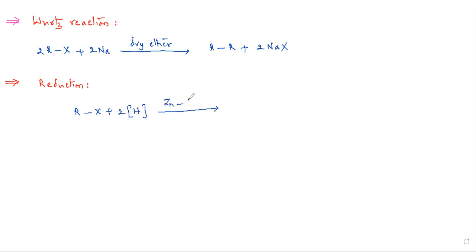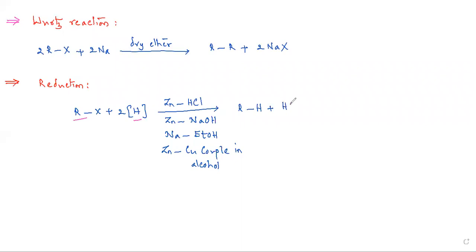You have seen there are so many reagents used, acidic medium, basic medium, and even this sodium ethyl alcohol, a very important zinc copper couple in alcohols. So this can simply be given as, see, you get alkane and then the hydrogen halide.